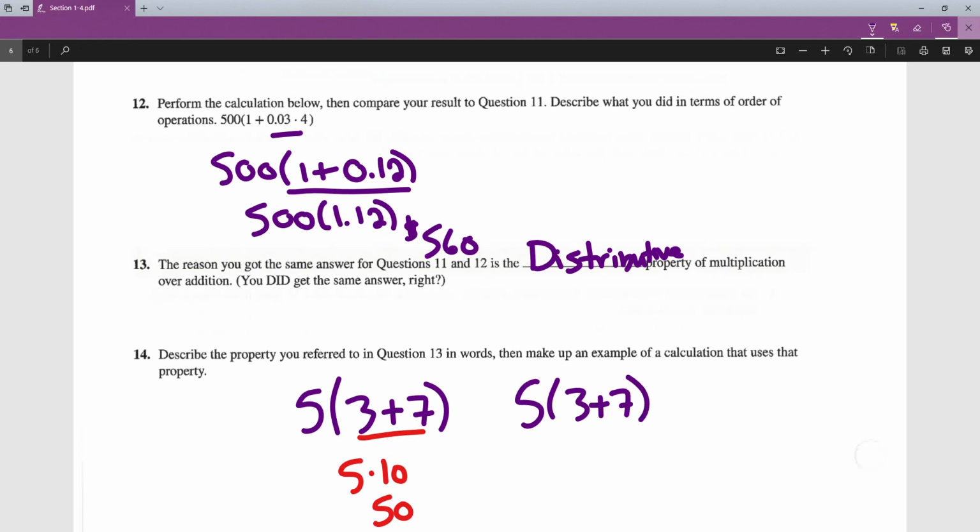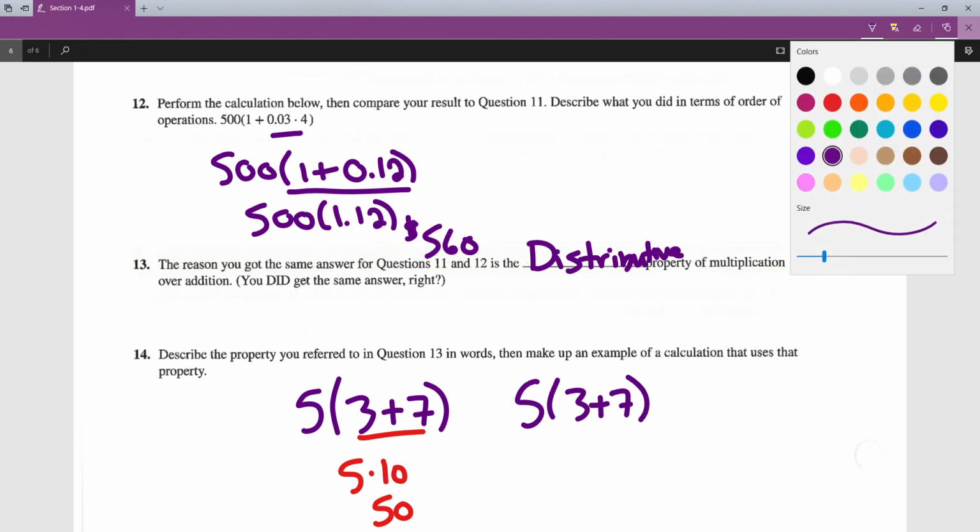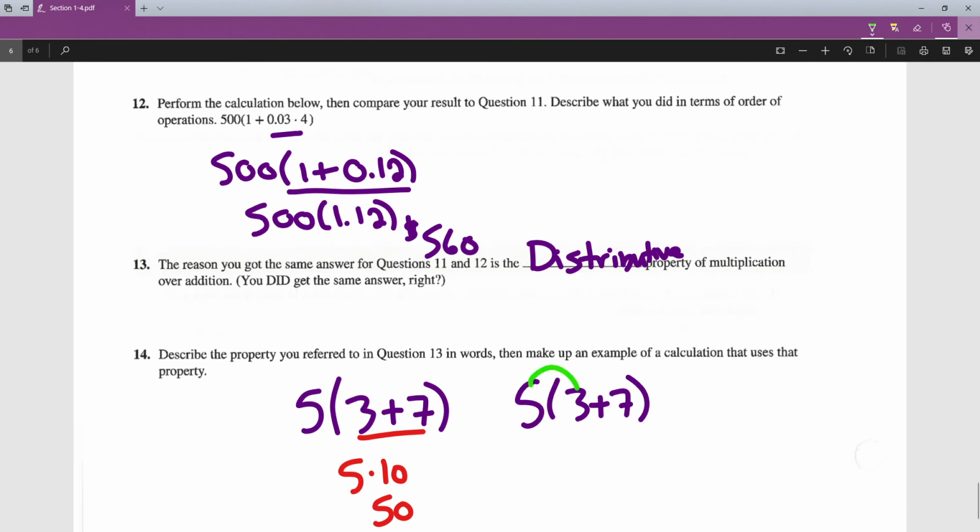The distributive property says that I multiply everything inside the parentheses by the number outside the parentheses. What is 5 times 3? 15. Plus what is 5 times 7? 35. When I add those two numbers, I get 50.